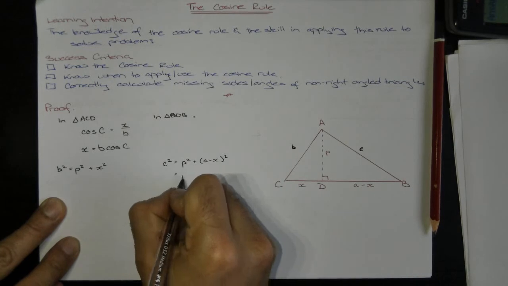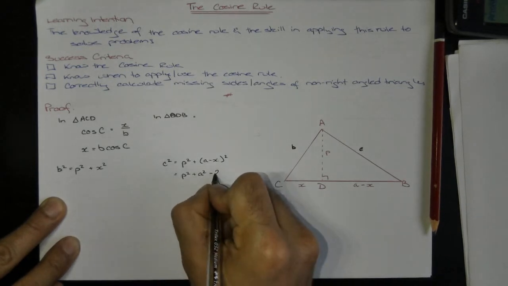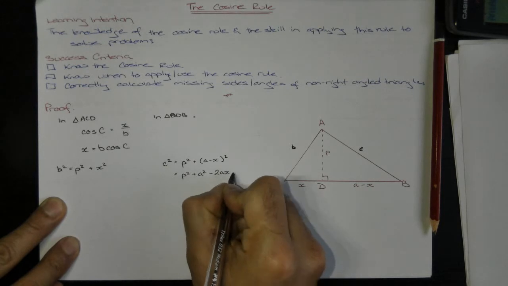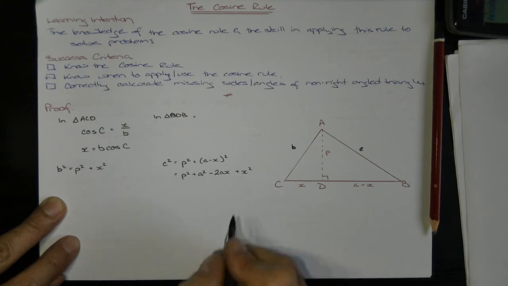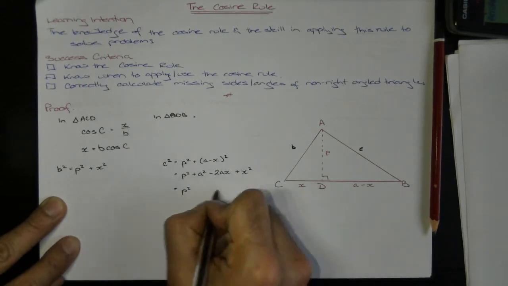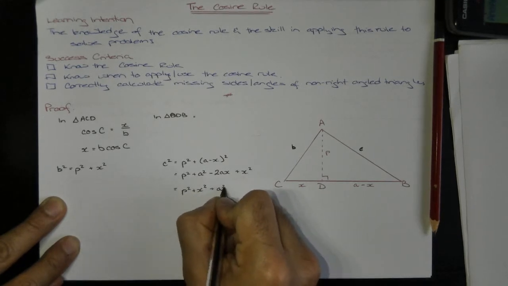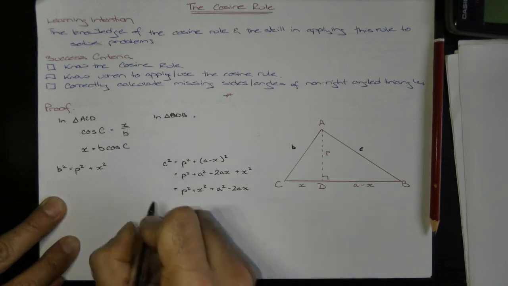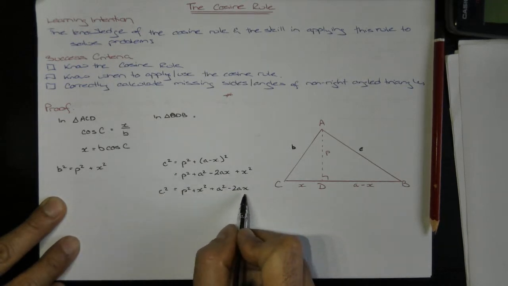If I expand this, I'll get a squared minus 2ax plus x squared. What I'm going to do is rewrite this, bringing this x squared up to the front. So c squared is p squared plus x squared plus a squared minus 2ax.